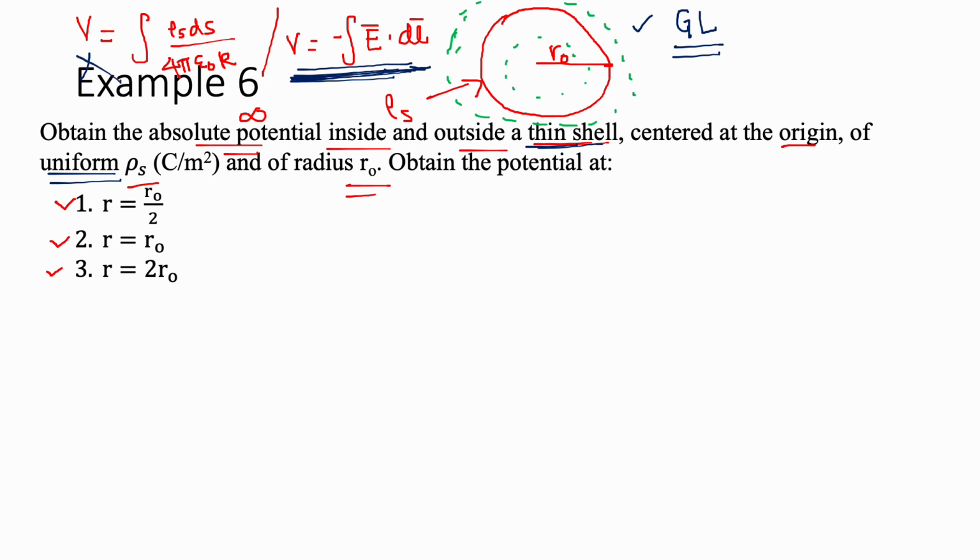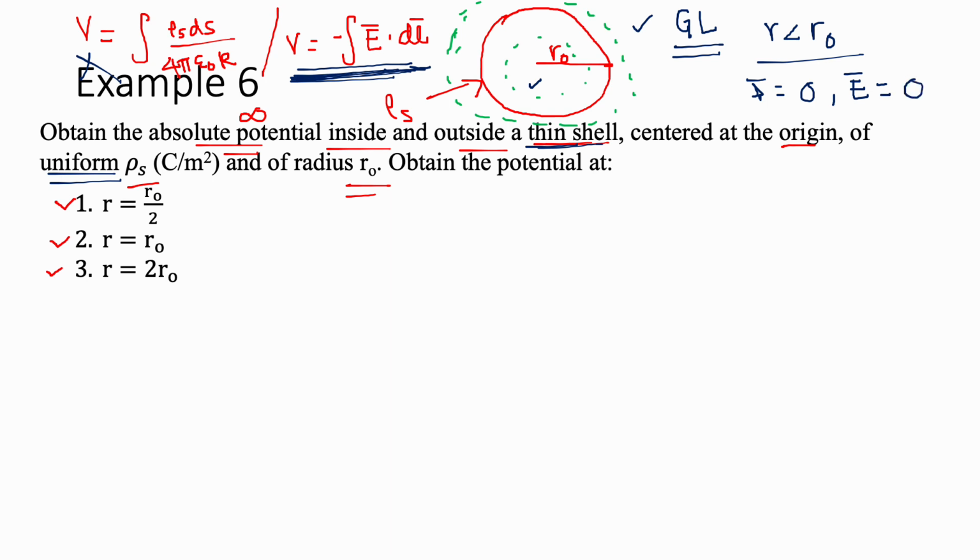Okay, remember that. Now the E field, when r is less than r naught, there is no charge inside this sphere, so your D equals 0 and your E also equals 0.